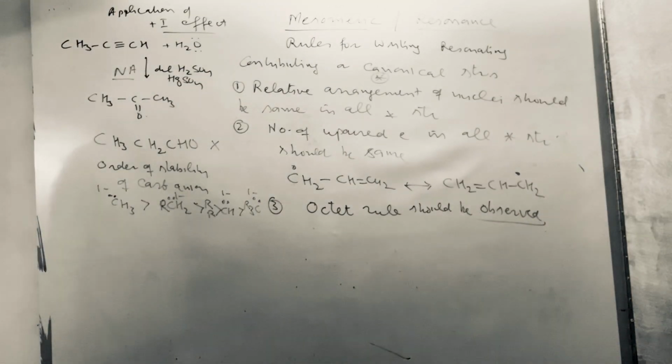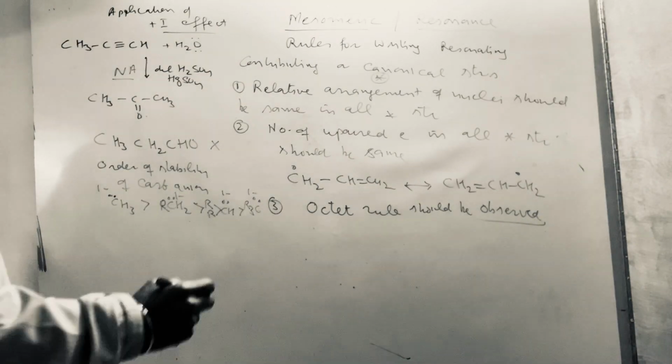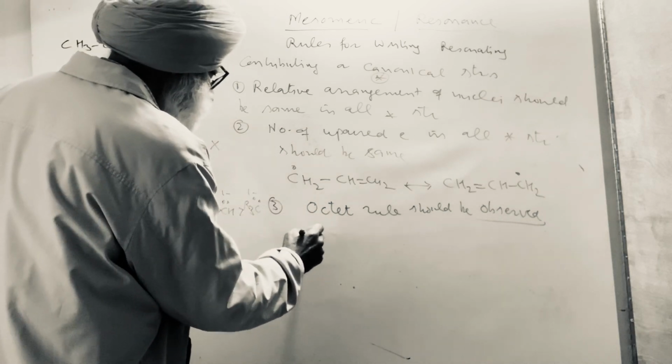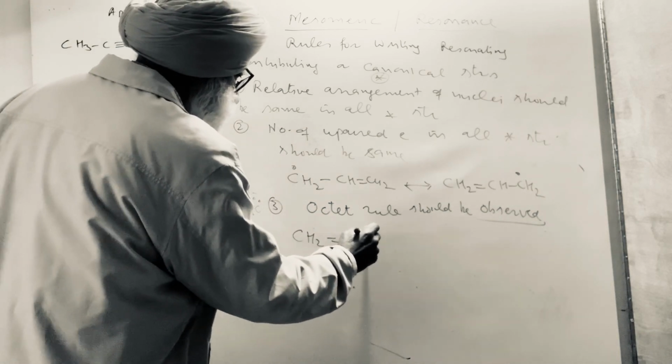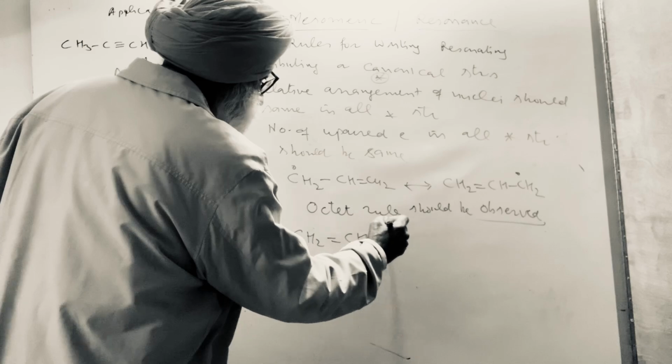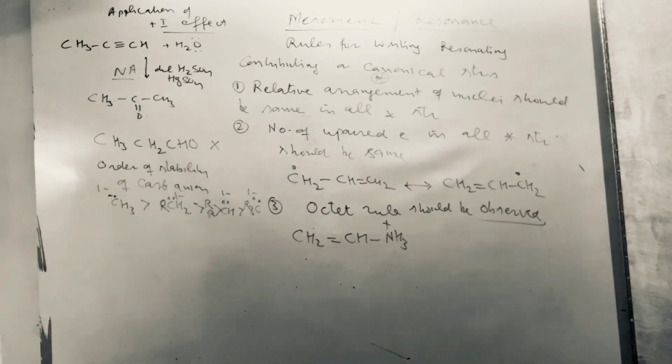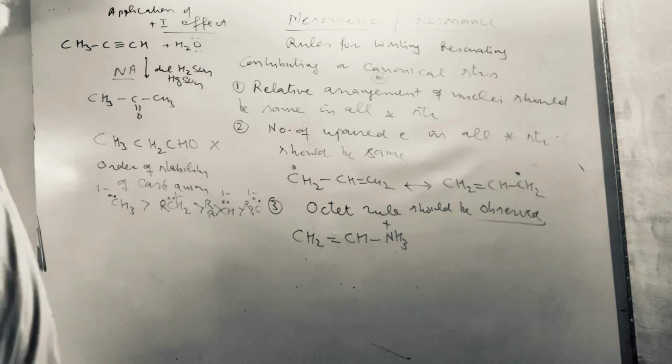Octet rule should be observed. For example, you are having this, CH2, then this.